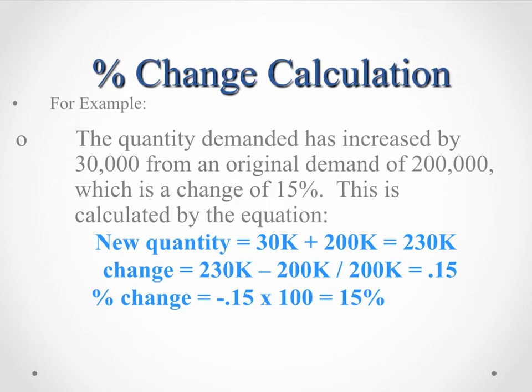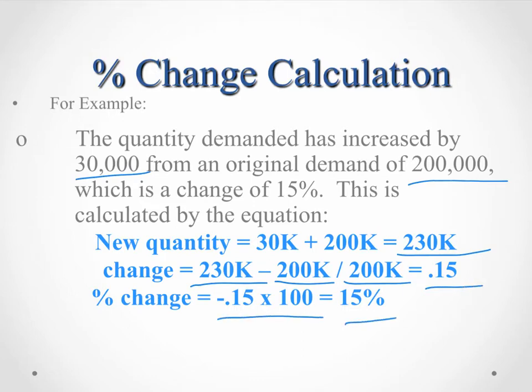We take the original 200,000 and add 30,000 to give us a new quantity of 230,000 units. Then we take the new quantity of 230,000 minus the old quantity of 200,000 over the old quantity, and you will get 0.15. Multiply 0.15 times 100 and you will get 15%.